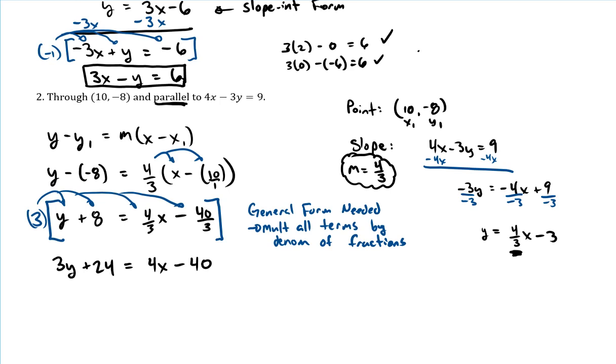So that's why we do it, because now it's getting closer to the general form. General form, they don't want fractions involved. They want something like this. And then they want your x's and y's to be together. So let's go ahead and subtract the 4x to the other side.